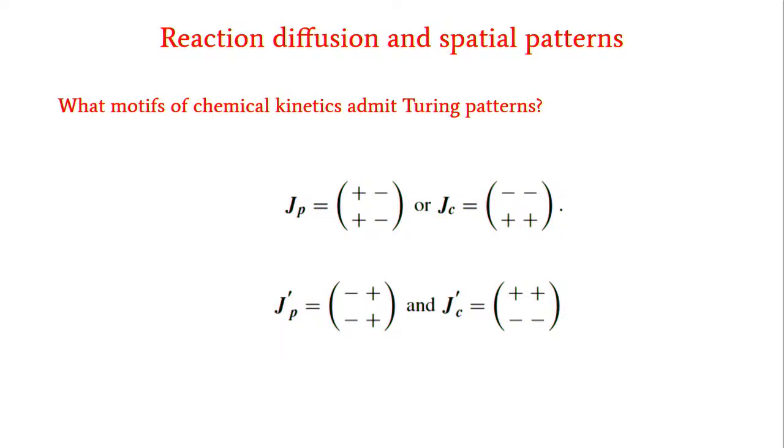I have forgotten. Are you asking what the P stands for and what the C stands for? I have to check. I don't recall. I'll have to check. But essentially, it just tells you what sort of motifs are allowed within the constraints of these sort of Turing type of instabilities.